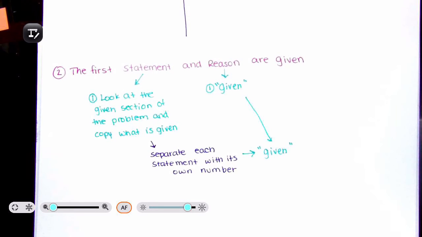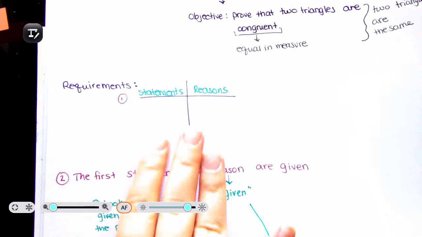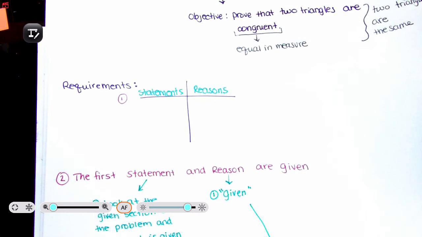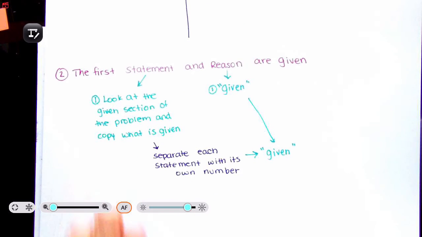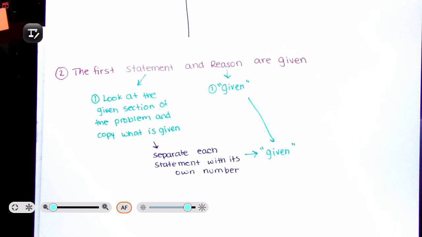So far, what do we have? We have a statement and a reason column. After that, we're going to write what our statements are, and we're going to write what our reason is, which is given. How do we know? It's given. What do we know? Statement. Okay, so far, that's what we have.